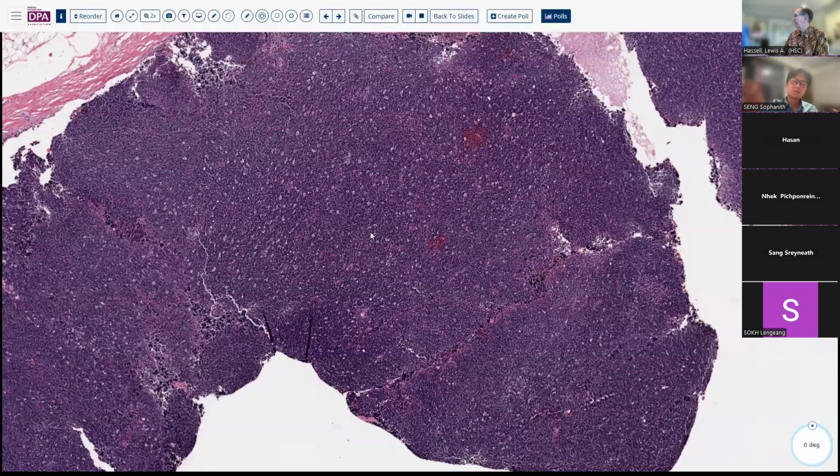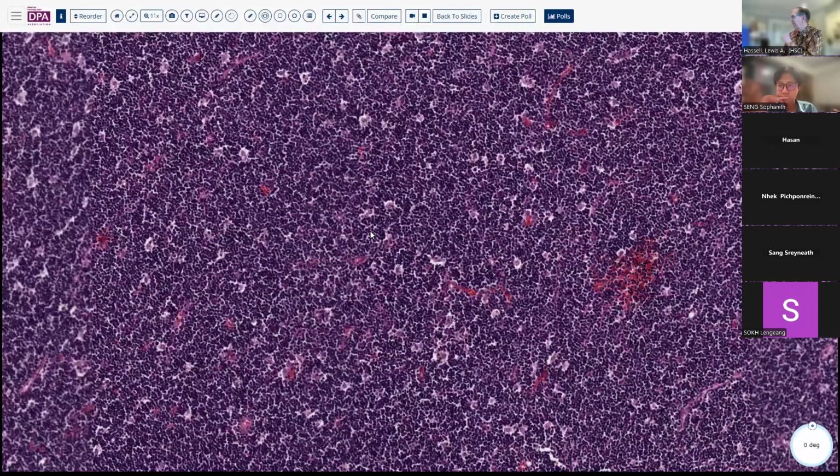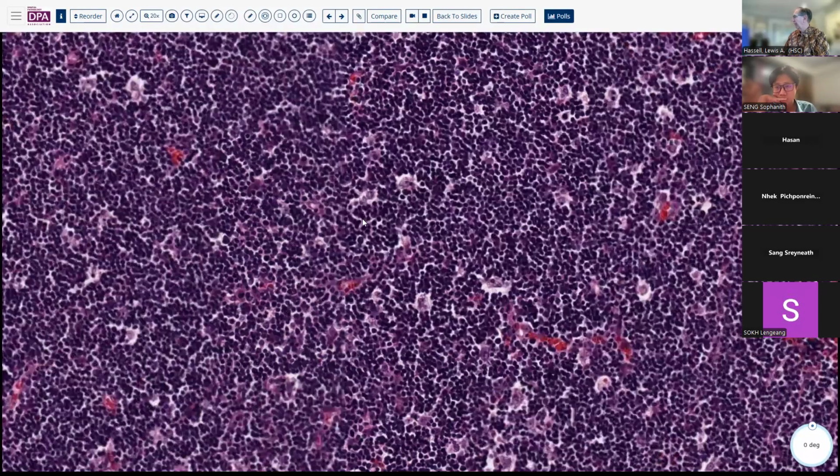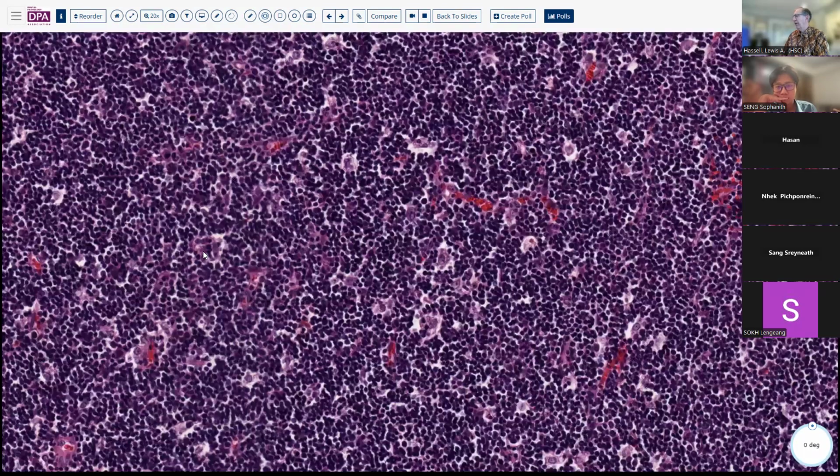As you can see here, it's very blue. And we really have difficulty picking out of here any degree of epithelial component. There are a few cells here like these that we might be thinking of as possibly epithelial, but they could be histiocytes and so forth.